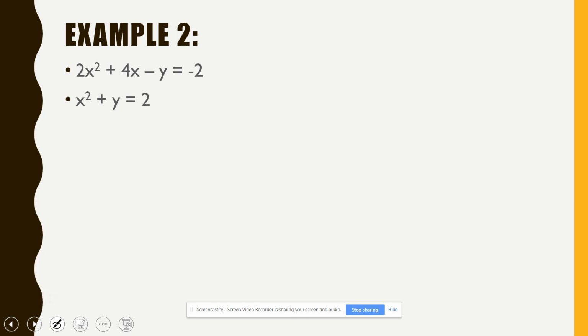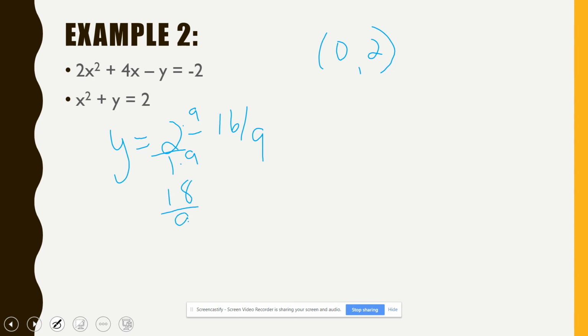So right now we're at y is equal to 2 minus 16 ninths. I can make anything into common denominators by starting with putting a 1 underneath it and then multiplying. So we have 18 ninths minus 16 ninths, which is 2 ninths. So our y is 2 ninths.